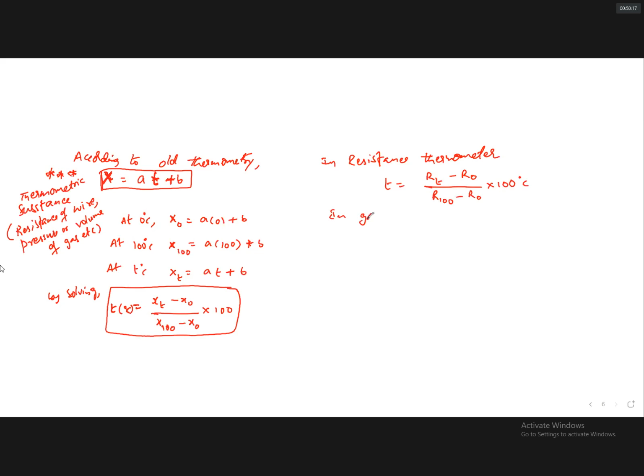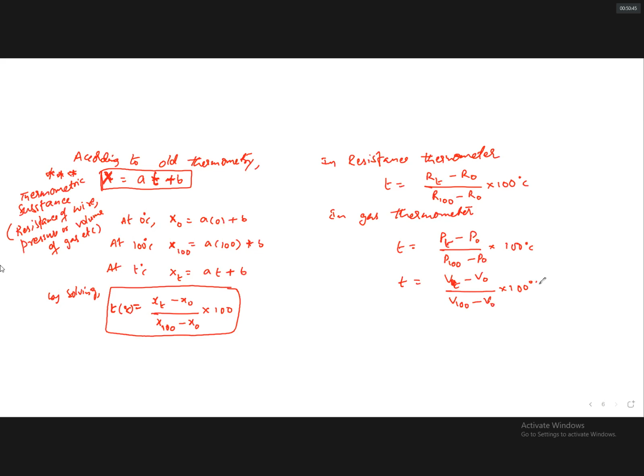Like in gas thermometers, at constant volume gas thermometer, they give pressure at T degrees Celsius, pressure at 0 degrees Celsius, pressure at 100 degrees Celsius, so (PT minus P0) by (P100 minus P0) into 100 degrees Celsius. Or in a constant pressure gas thermometer, volume at T they give, and volume at 0 and volume at 100 they give.